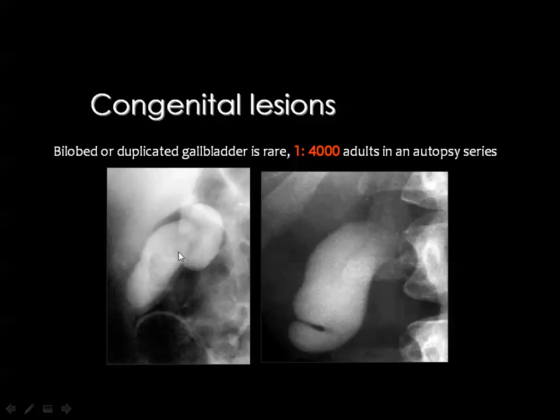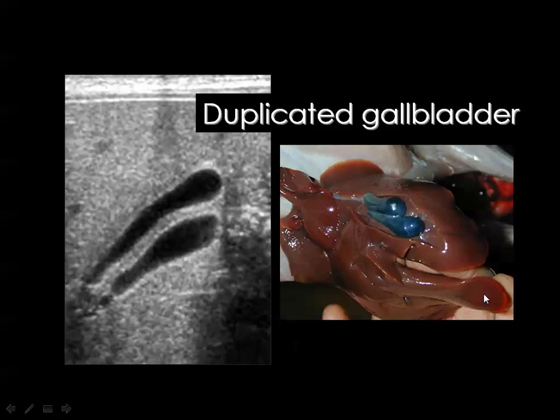And this is an uncommon abnormality, which is the duplicated gallbladder, which is usually seen in about 1 in every 4,000 cases. Duplication of the gallbladder is an important issue for clinical consideration, and it happens many times that the patient comes for an ultrasound or an abdominal scan, and the result is detection of a gallbladder stone.